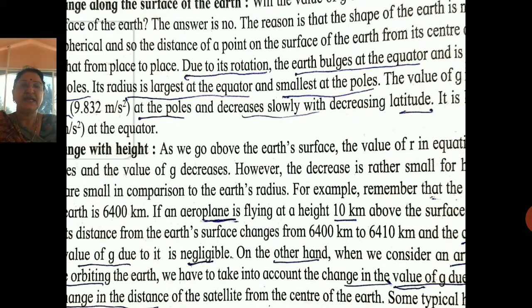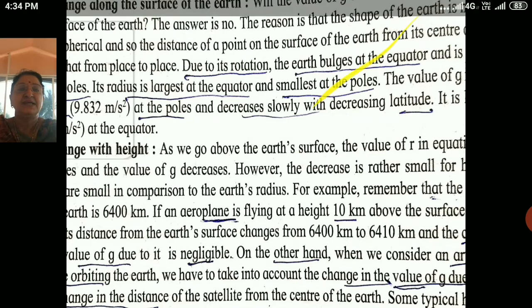We know the equation of small g is equal to GM upon r square, where r is the distance of the object from the center of earth. As that distance increases, the value of g decreases. As the height above the surface of earth increases, the value of g decreases. If the height of the object decreases, the value of g increases.